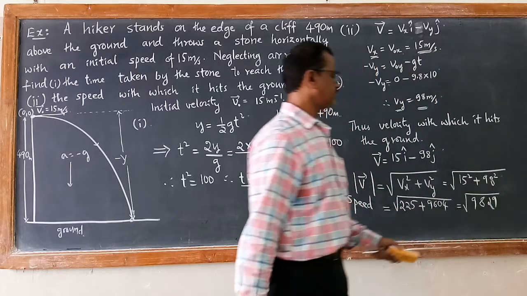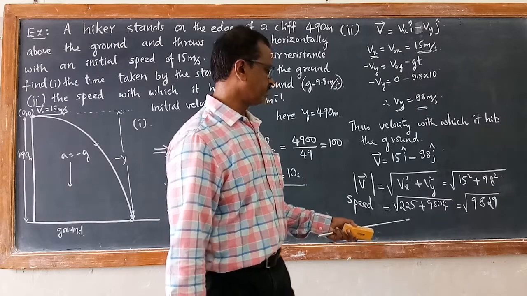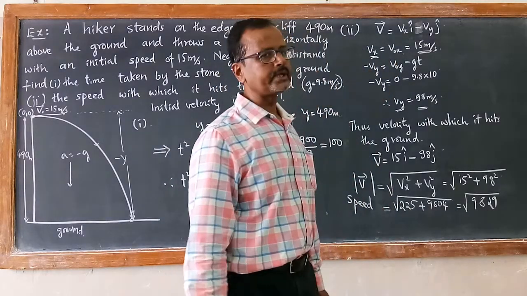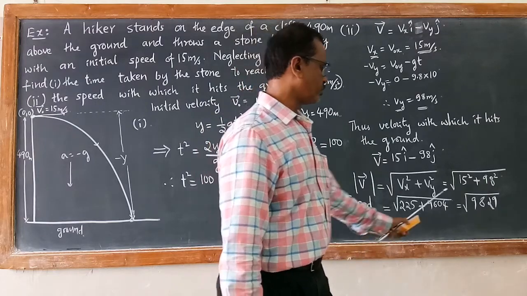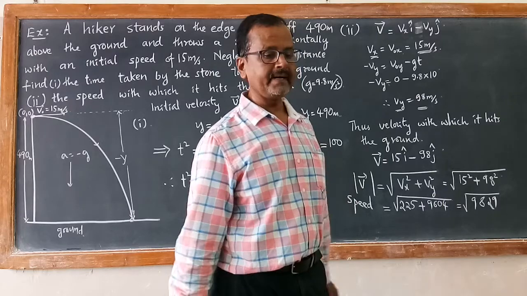Square root of 9829 is very close to square root of 10,000, so almost it comes out to be 100 meter per second.